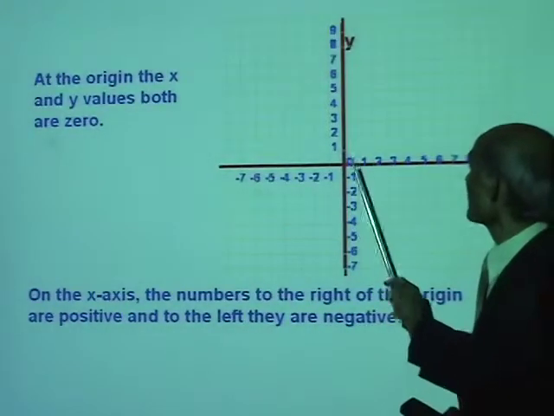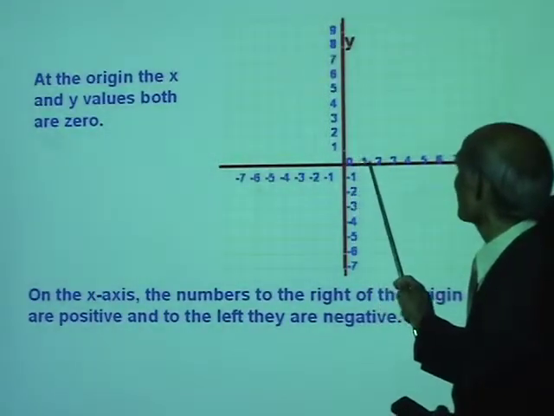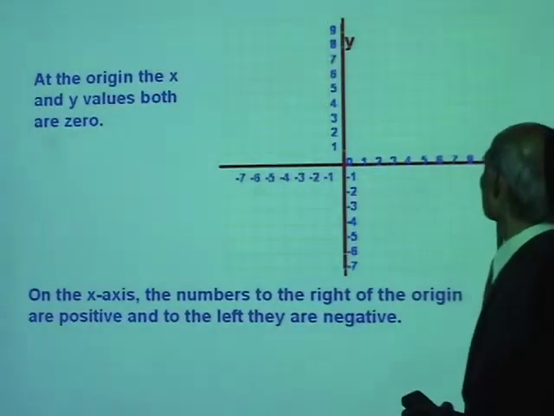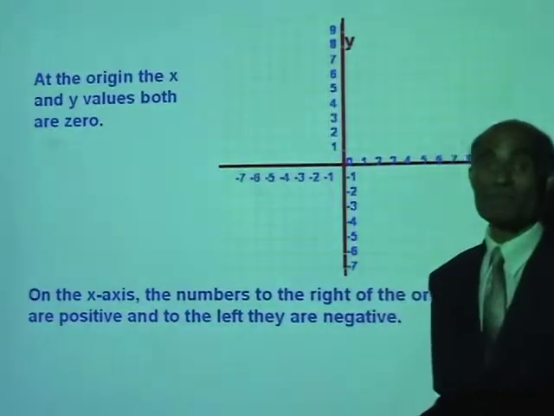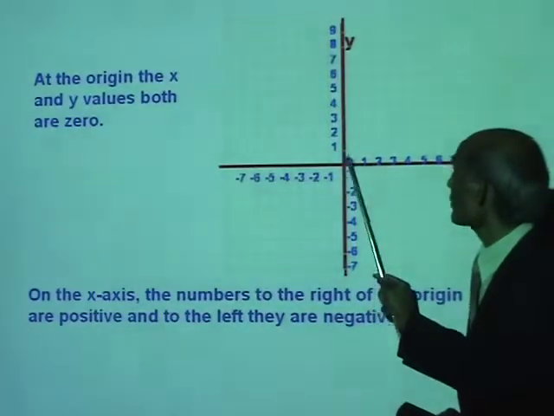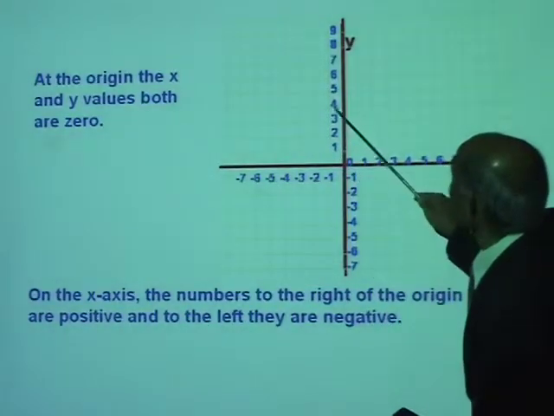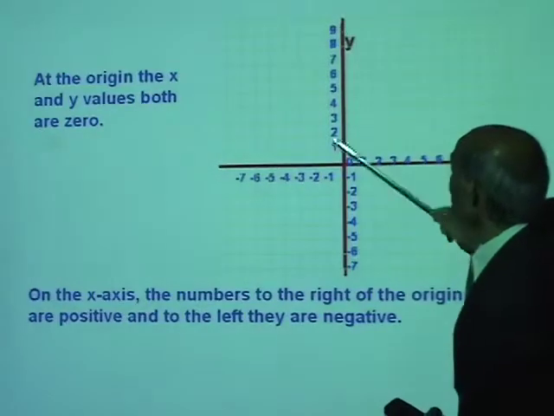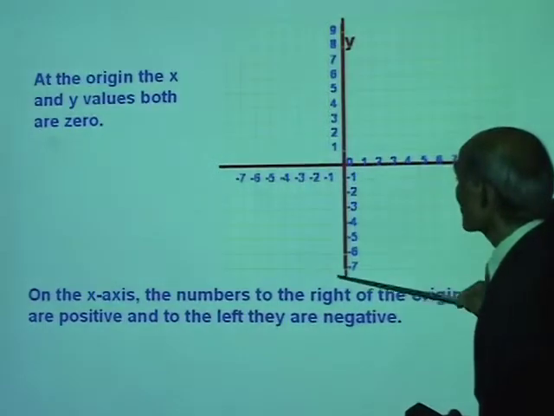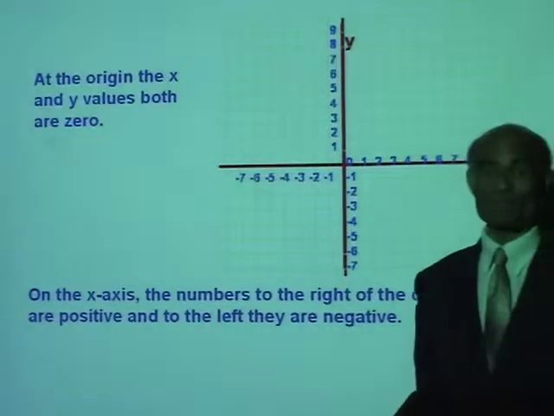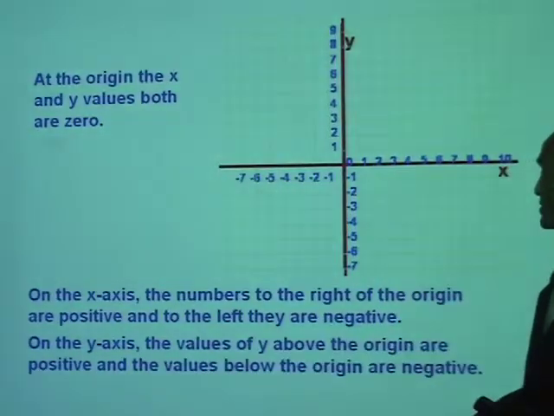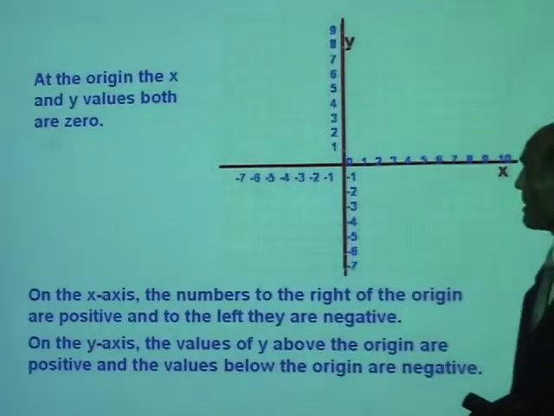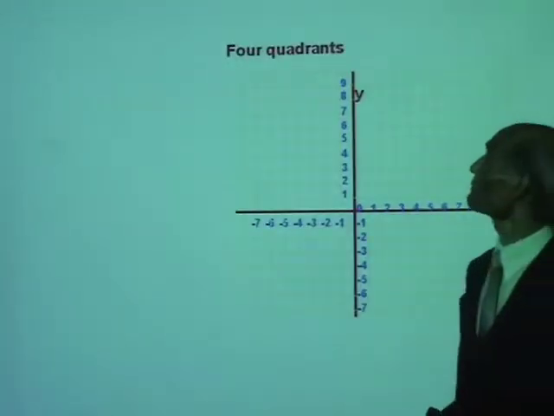There you are. Look at this. On the x-axis, the positive values are to your right, negative values of x to your left. Similarly, on the y-axis, positive values above the origin and negative values below the origin. And that is the characteristic of the Cartesian coordinate system. Okay, let's move on.